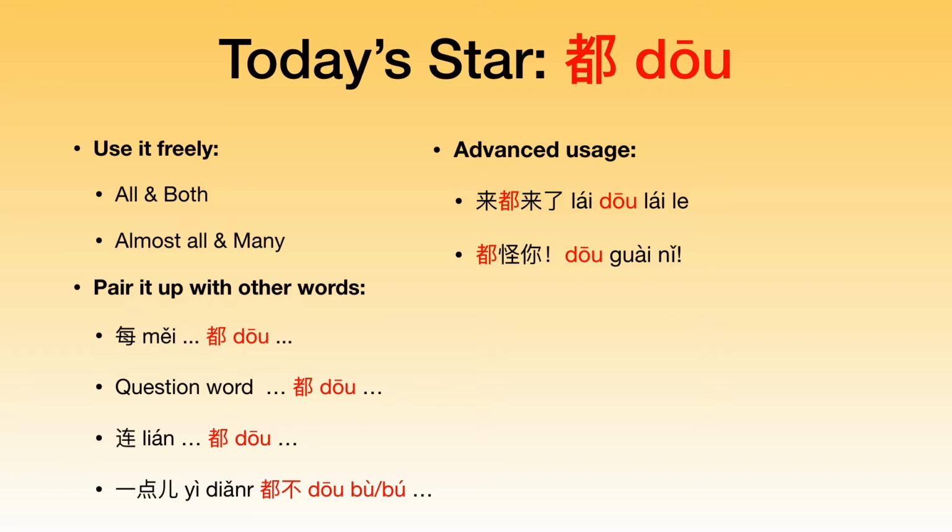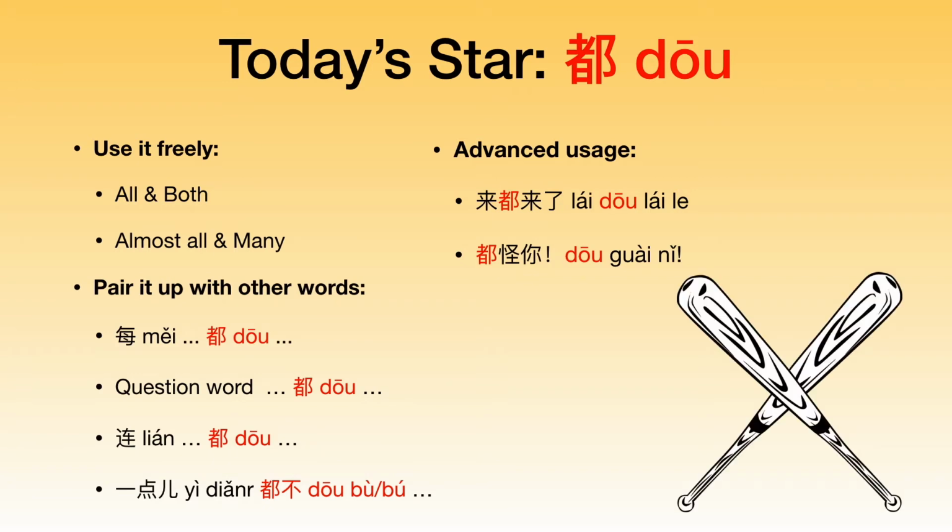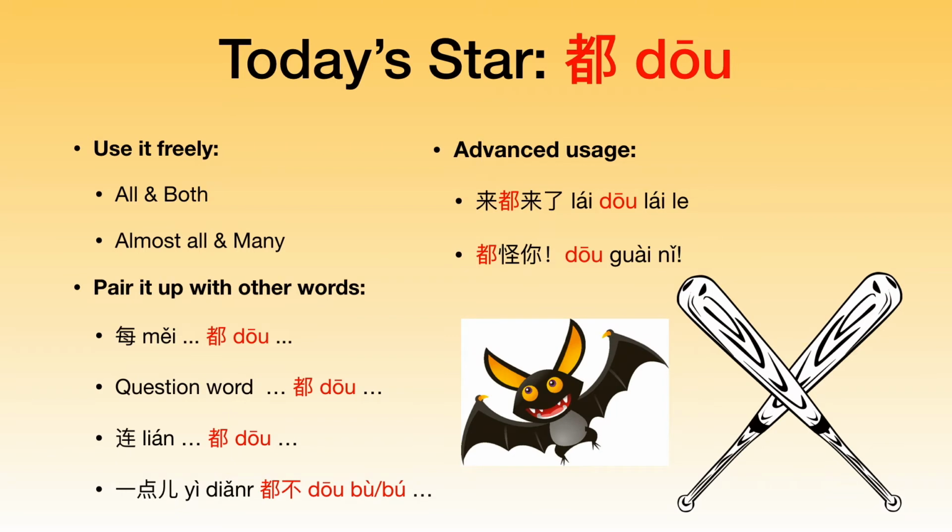Well, every language has this kind of phenomenon, right? So for example, in English, you have bat, and then you have bat, right? So different things, same word mean different things. So it happens in every language. Hopefully after today's episode, you will find a little confidence to use this little guy, dou.